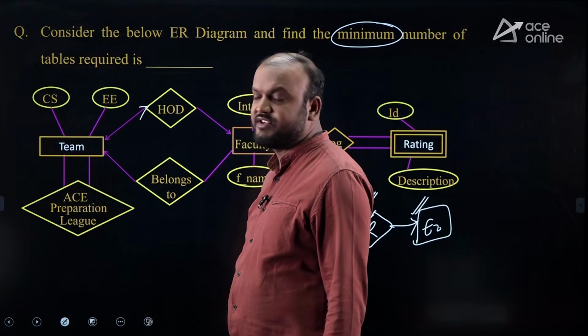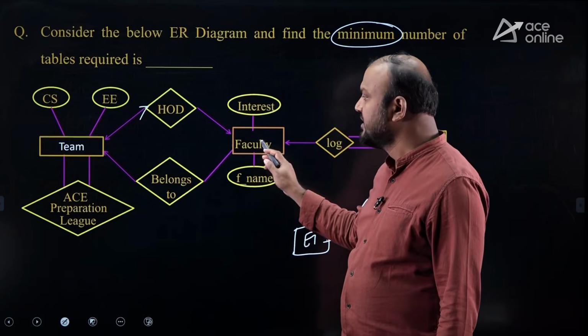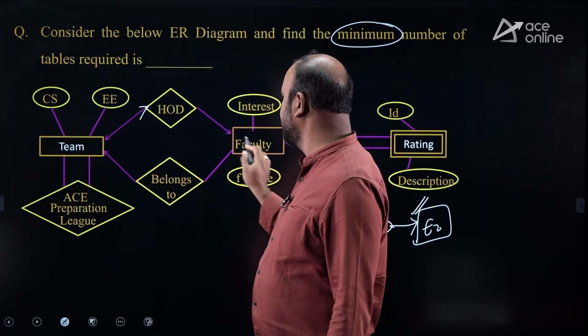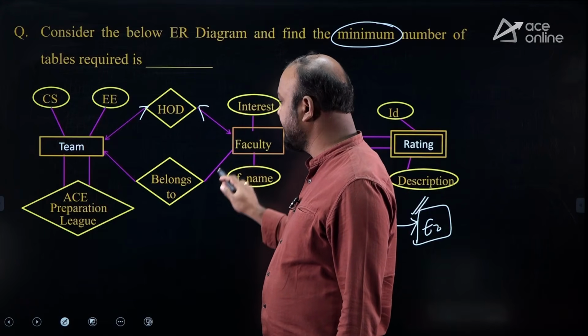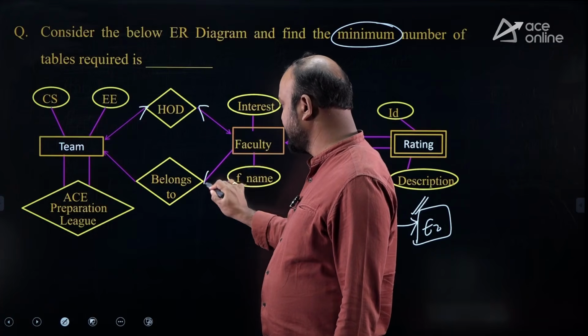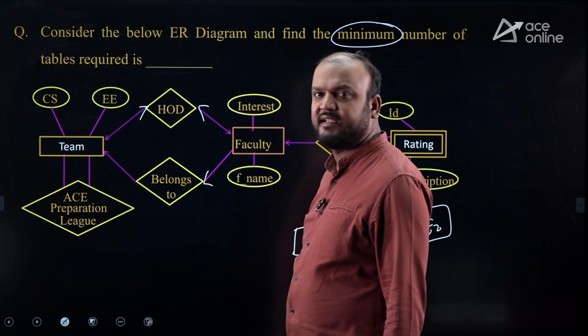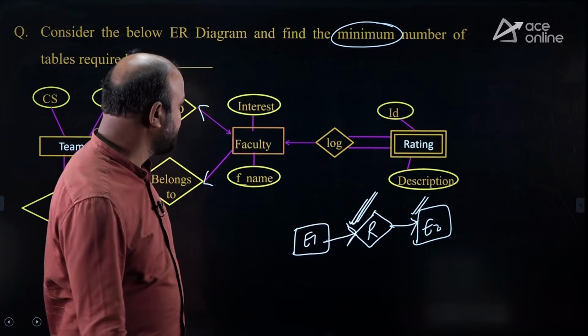Generally we put entity to relationship. Faculty to team is an arrow, so faculty to HOD we put an arrow, and faculty to belongs to is an arrow. I am just converting into the notation that we have discussed, so that there will be no confusion.